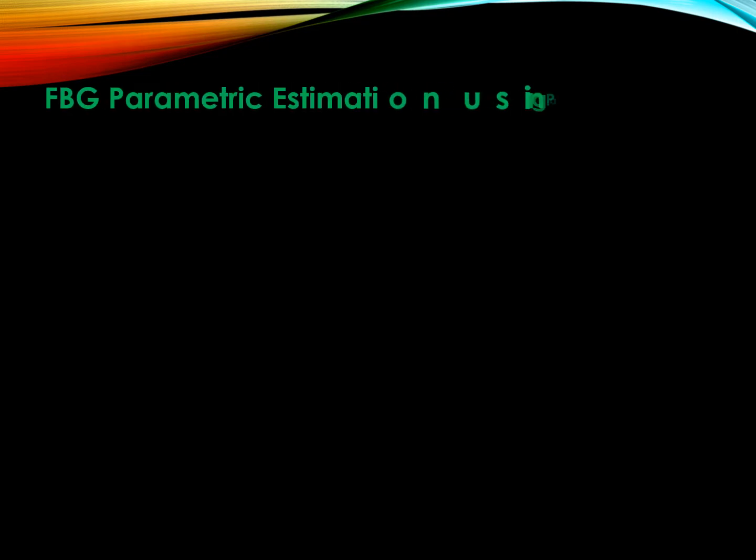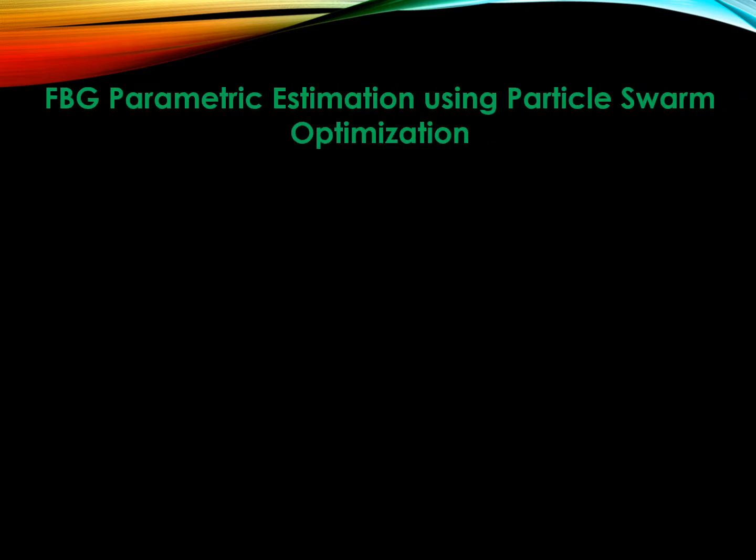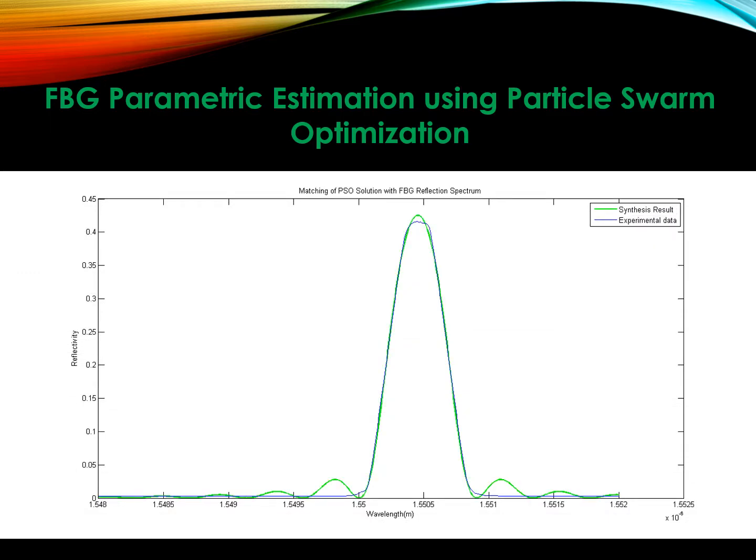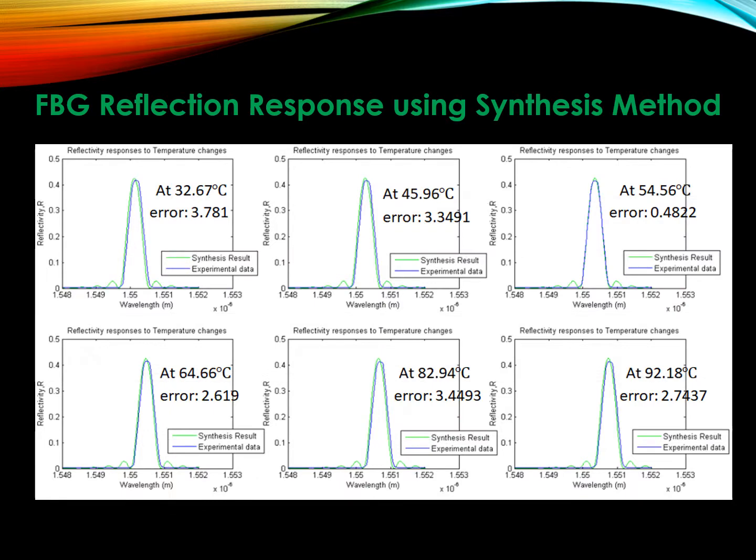The extracted FBG physical parameters are used to generate a reflection spectrum and compare to the experimental result. The FBG temperature response at each temperature is simulated using the FBG temperature coefficient and the extracted FBG physical parameters.